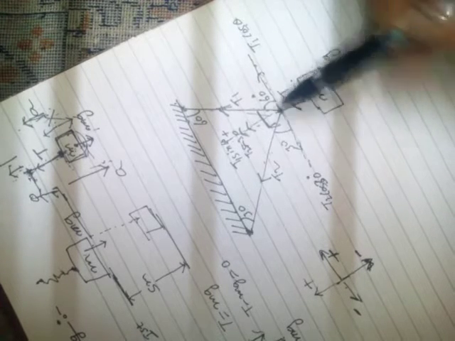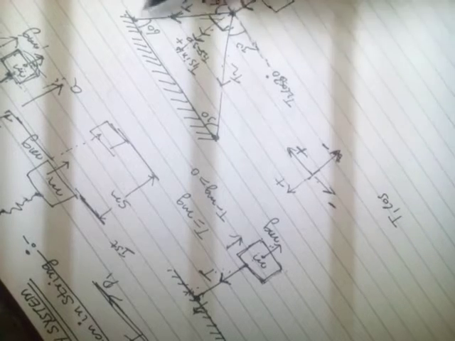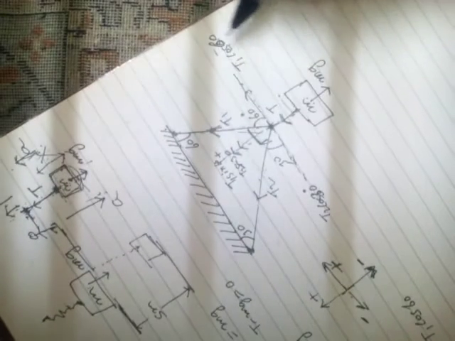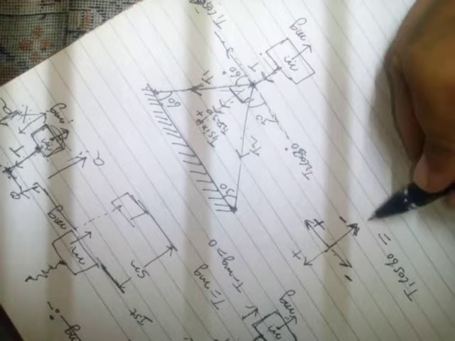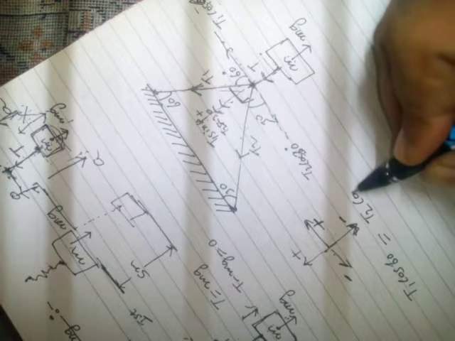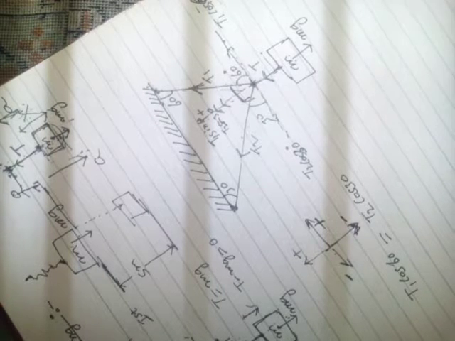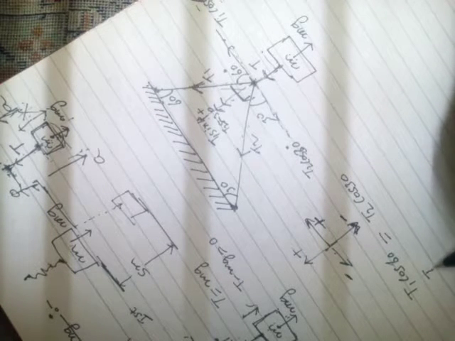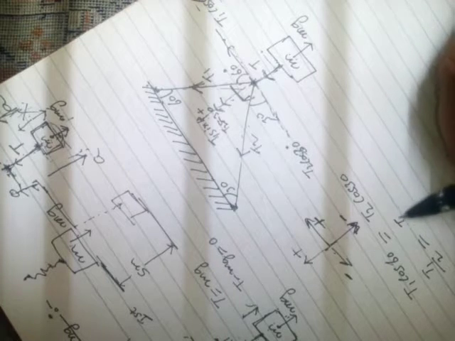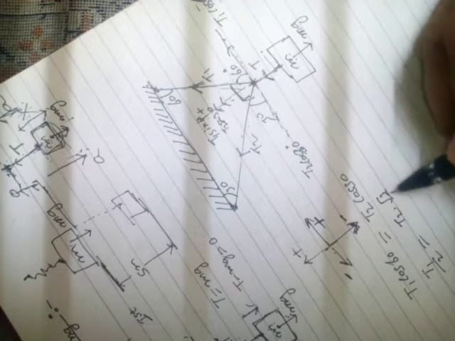Very clear. So we can say T1 cos 60 would be equal to T2 cos 30, or we can say T1 upon 2 equal to T2 into root 3 by 2, because cos 30 is root 3 by 2.